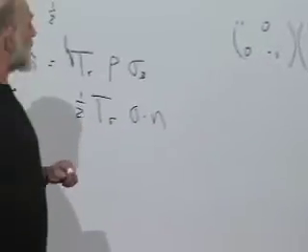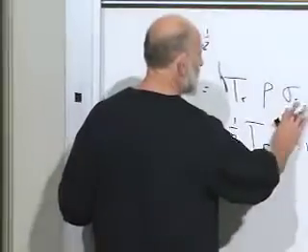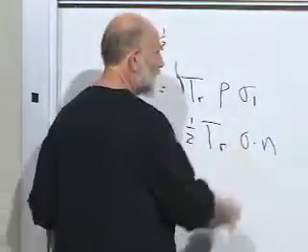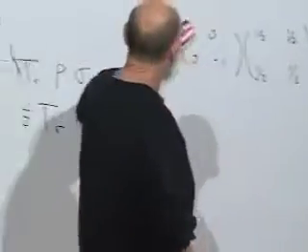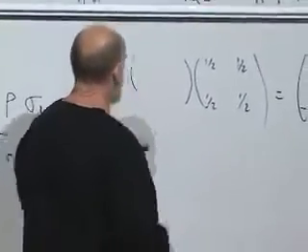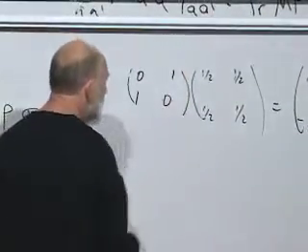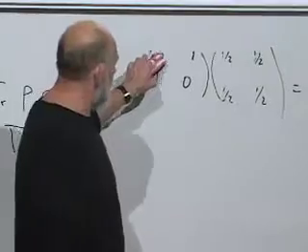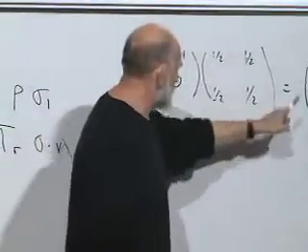The same will be true of sigma 2, but let's calculate the trace of the product rho times sigma 1 now. Sigma 1 was the matrix 0, 1, 1, 0. On the top row times the first column, we get a half. Same thing over here.